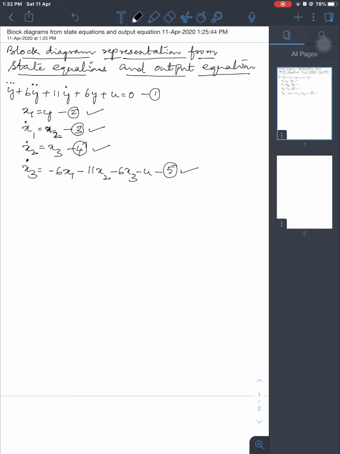So now what we try to do is obtain the block diagram for these equations. The block diagram has to satisfy these equations, or in other words, we need to synthesize a diagram which will substantiate these equations. Alright, let us begin with the input variable u. Put a summer.